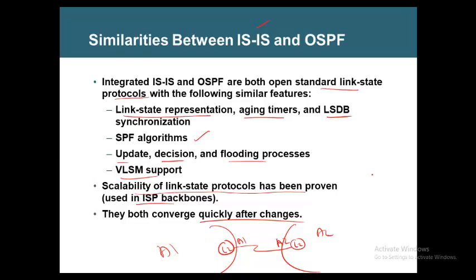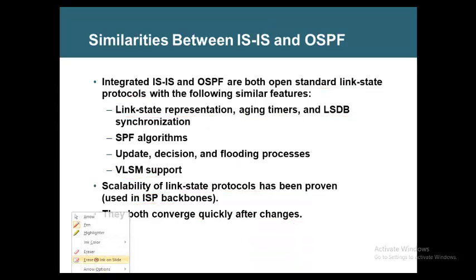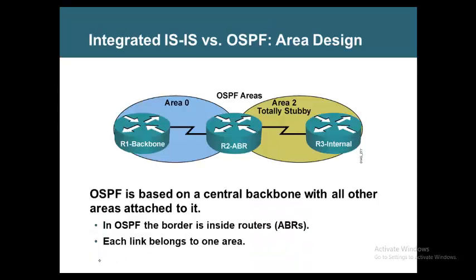Okay, the design. This I already told you. OSPF will have an ABR. In OSPF, you have stub, totally stub, all those concepts. In ISIS, you don't have that. You don't have stub, totally stub, not so stubby. You don't have it, and it is not needed. That is why everyone likes ISIS.